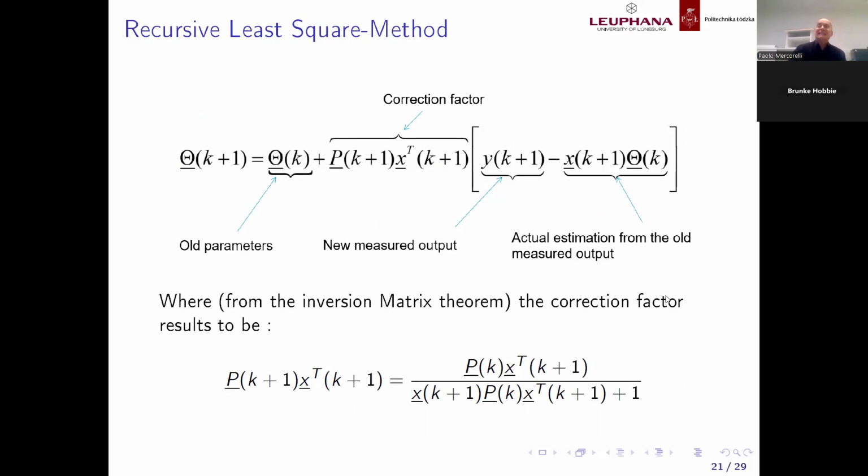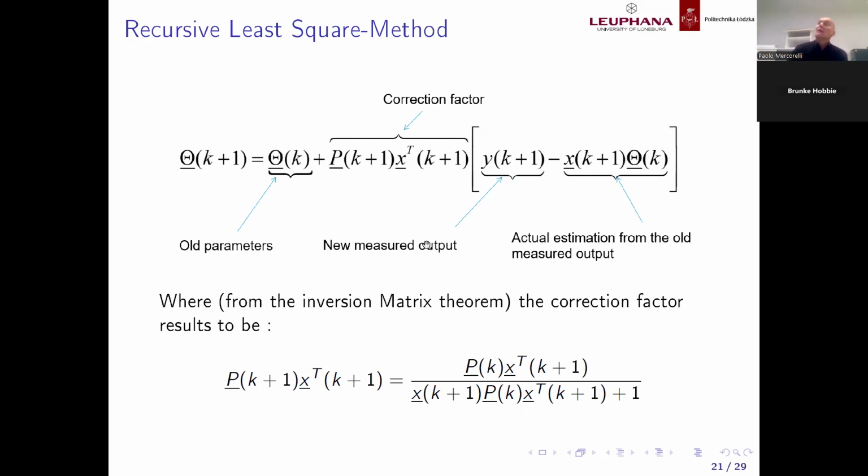Because the idea is to find this theta 1 and theta 2, which in general could change over time. I mean, they could be variable, or at least variable during the transient.